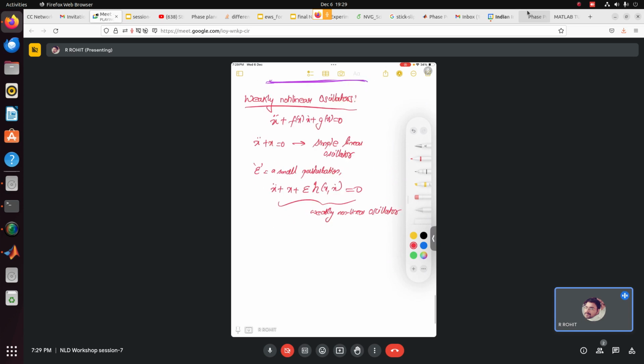And there are two basic examples of this. One is the van der Pol equation, which is nothing but x double dot plus x plus epsilon times (x square minus 1) x dot equal to 0, in the limit of small nonlinearity.